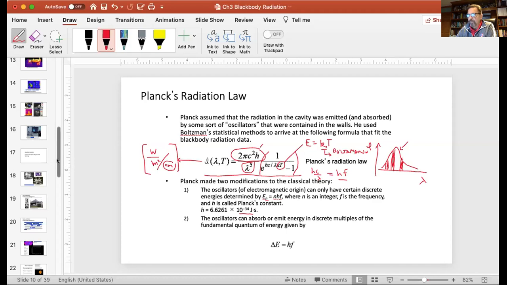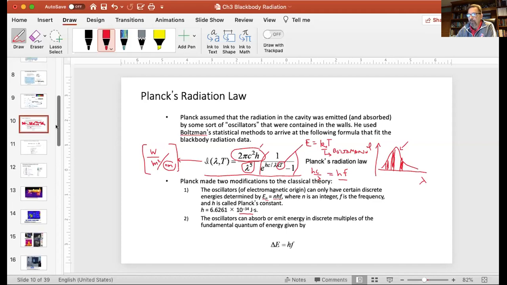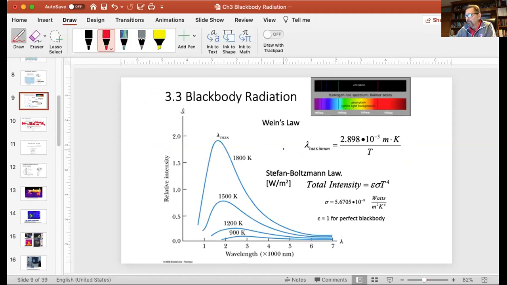Okay, and so what does that do for us for problem solving that we're going to work with? And this is today's work. There's the shape of the curve at various temperatures. Somebody drew these out. And a guy named Wien comes along, and he does this actually before Planck comes up with his equation.